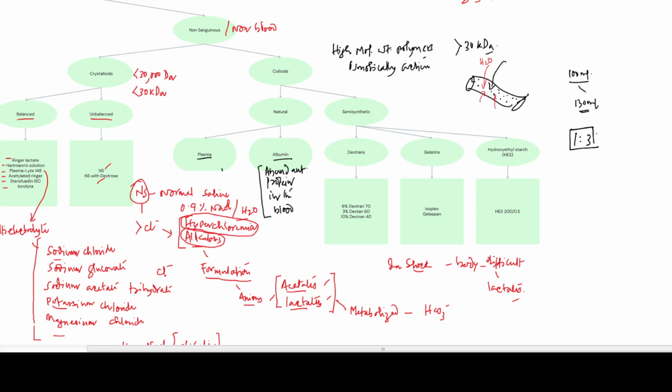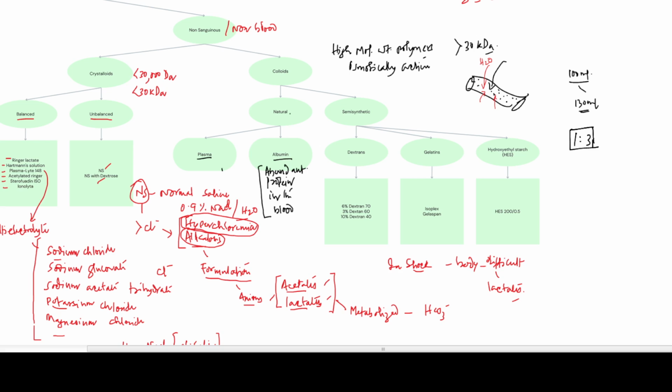If we compare the equal fluid retaining capacity, 100 ml of colloids is equivalent to 3 times its volume of crystalloids. So definitely giving colloids is an advantage, right? Considering from this point of view, for a very small administered volume, you get a considerable increase in the vascular volume, and that can increase the cardiac output.